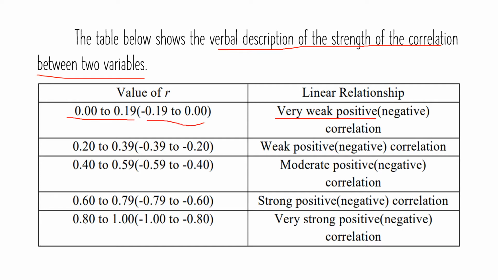The range inside the parentheses, from -0.19 to 0, will be a very weak negative correlation. For 0.20 to 0.39, that will be a weak positive correlation.